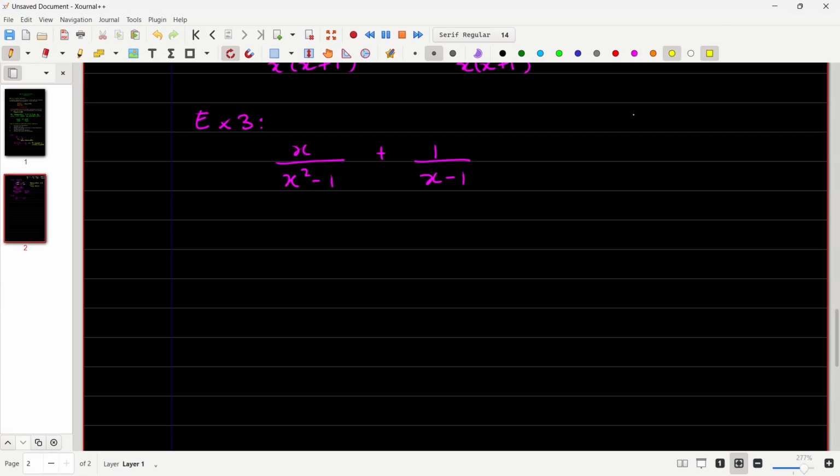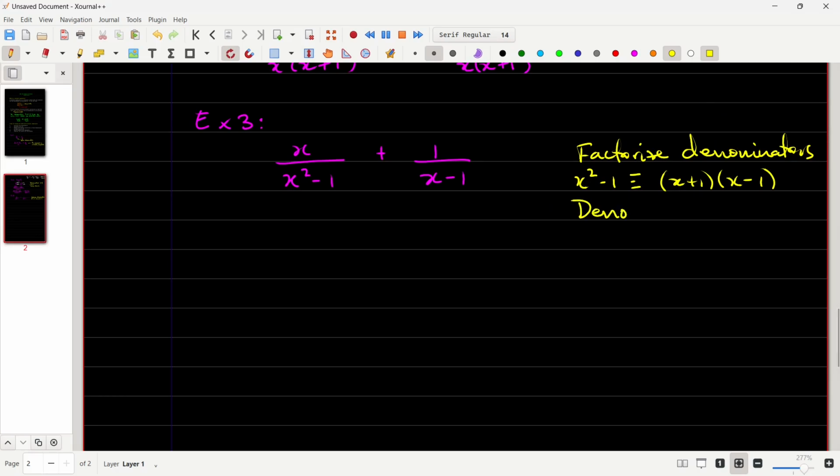So, factorize denominators, and I will have that x squared minus 1 is equivalent to x plus 1 into x minus 1. And this, again, is our difference of squares. Now I will have to find the common denominator.